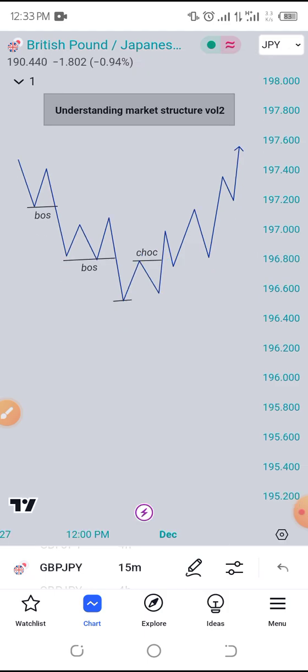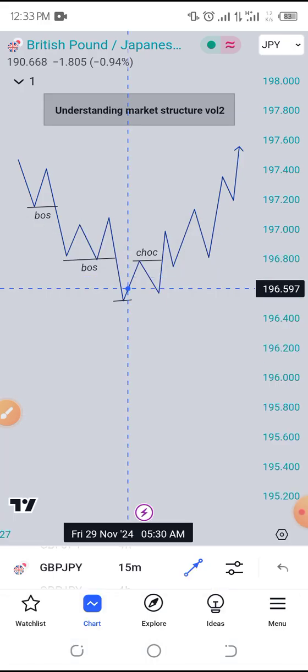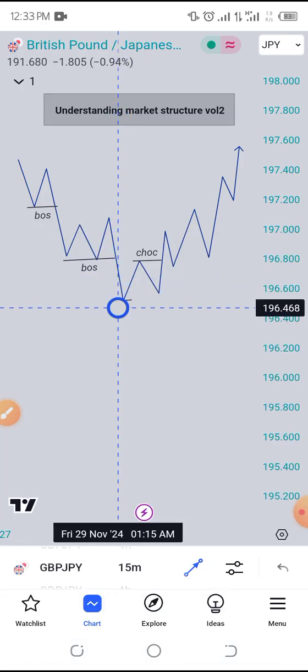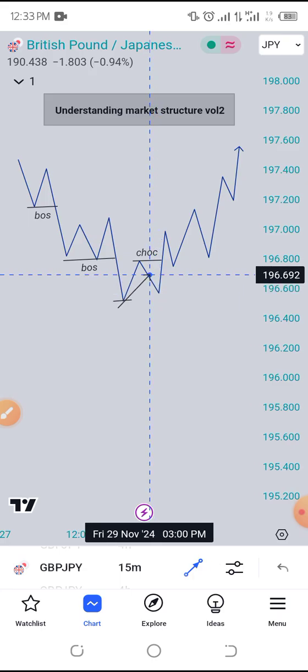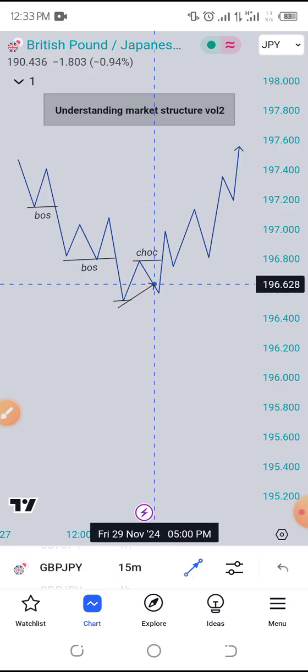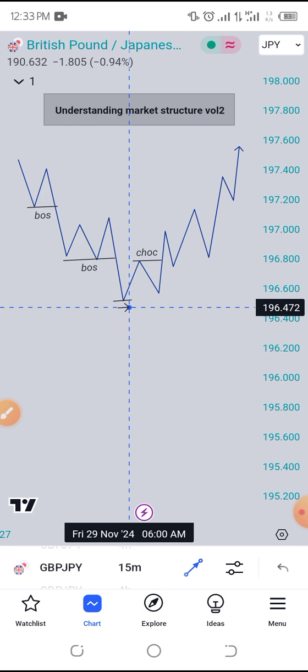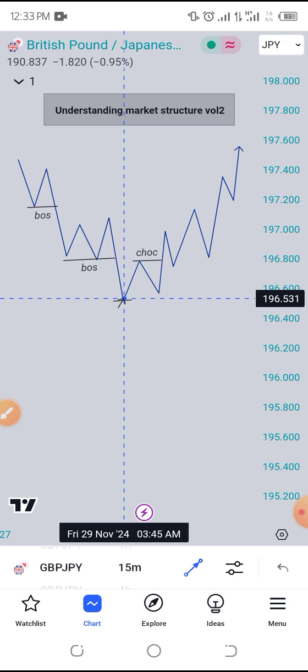One of the ways to validate whether this change of character is valid is to ensure that price does not come back to take out this particular low. Can you see that when price retraced from here to this level, it did not break below this low right here?